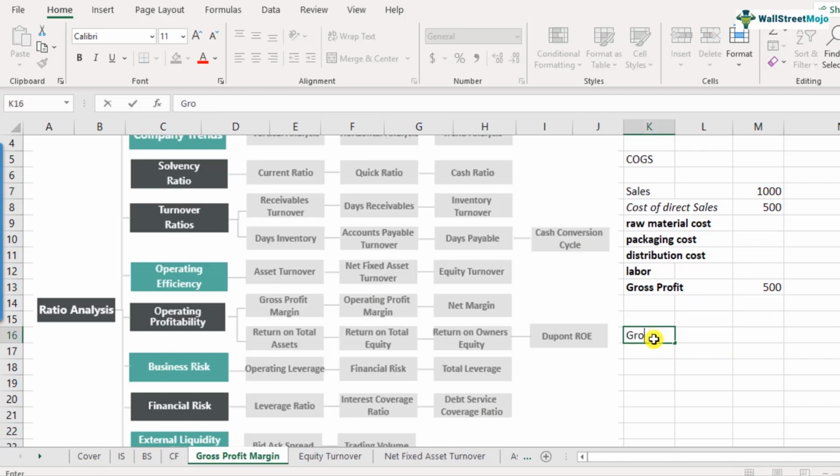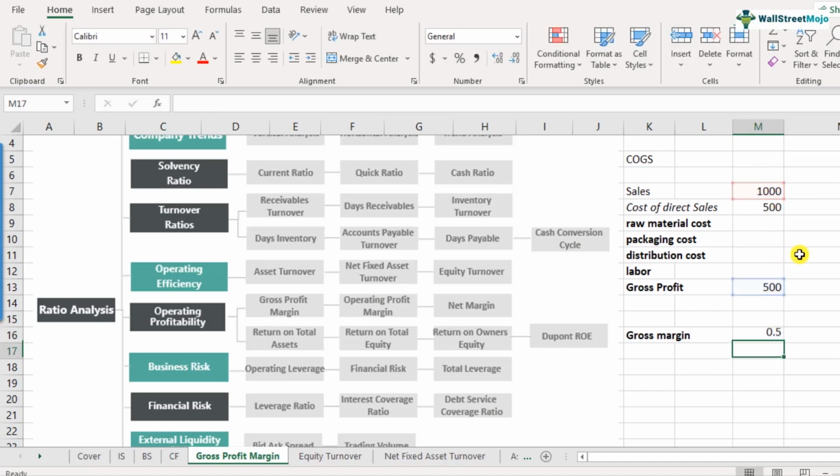So what do we have in terms of gross profit margin? That comes out to be 500 divided by 1,000, that is 0.5. When we convert this into percentages, we get a gross profit margin of 50%. So that's how gross profit margin is calculated. Its interpretation we'll look at in a moment.